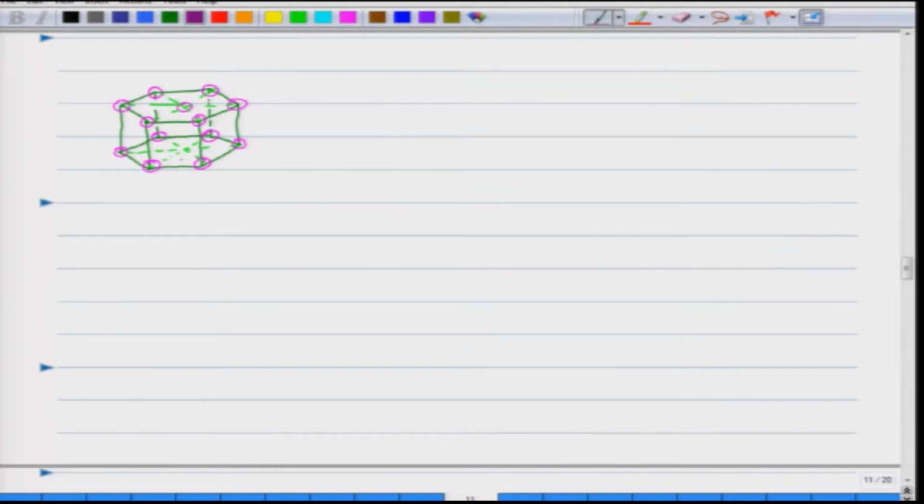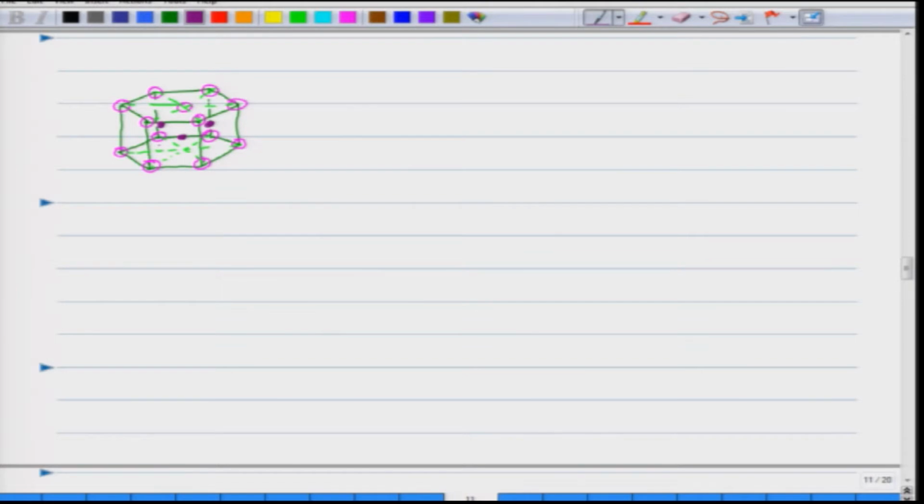So, let us say one of them is over here in between this one. So, this is one atom over here. Now, if this is the one that is already covered, then we should have another one over here. So, let us have another atom over here, and that means the third one will have to lie over here. So, these are the 3 atoms.